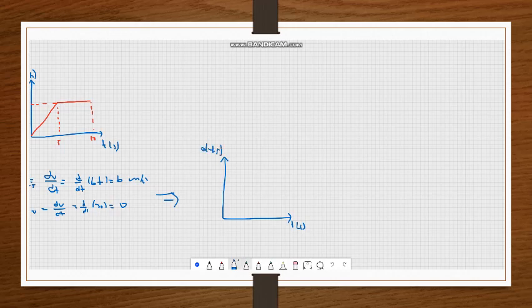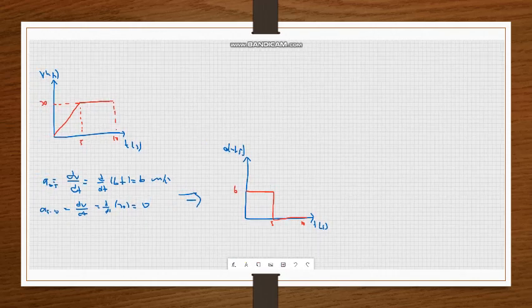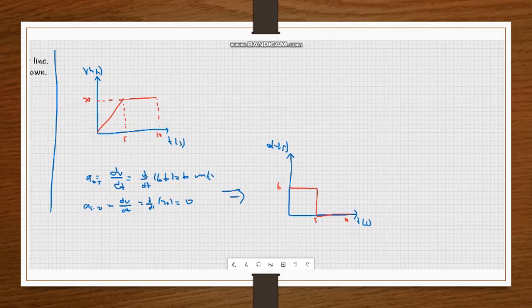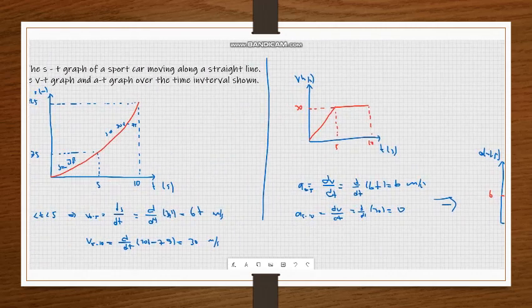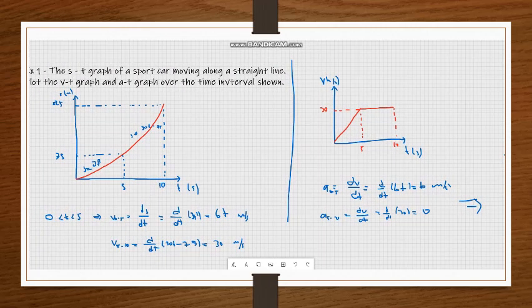It is constant from 0 to 5, then after that 0 from 5 to 10. This is 5, this is 10, and this is 6. So we drew the velocity-time graph and the acceleration-time graph with respect to the given position-time curve.